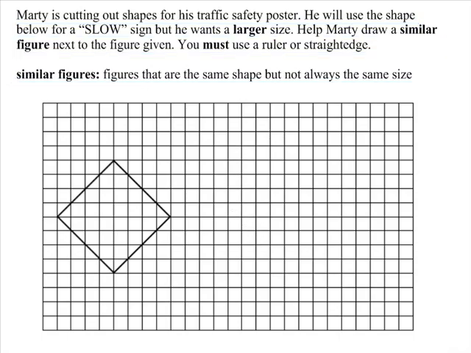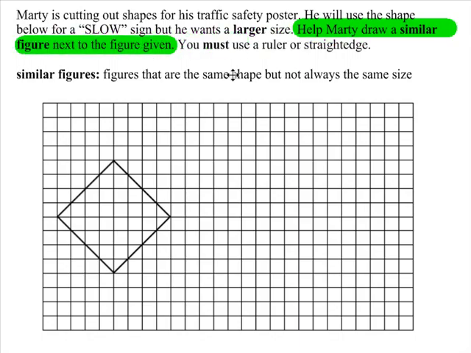So let's begin by highlighting the key parts of the information. In the third sentence, we're asked to help Marty draw a similar figure next to the figure given, and we're told you must use a ruler or straight edge.